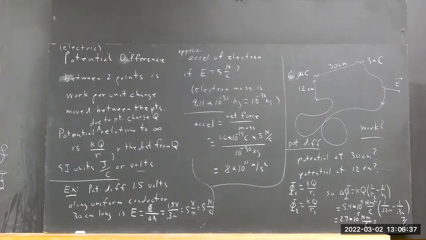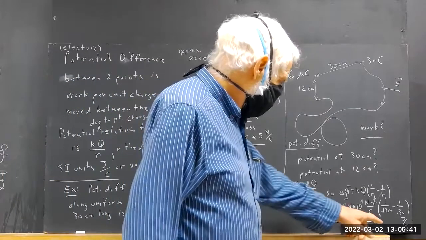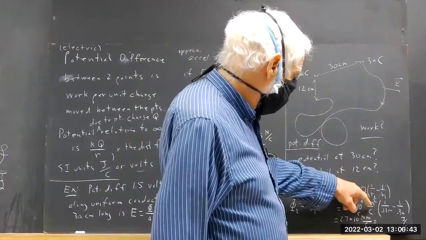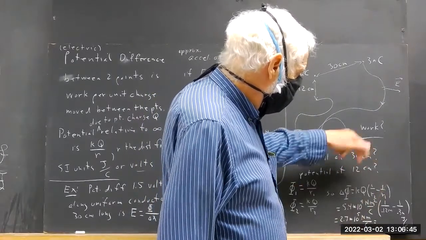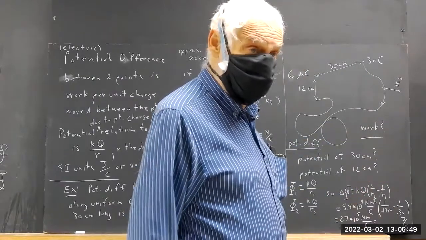Well, it comes out pretty easily. You can actually calculate this in your head. 1 over R2 minus 1 over R1 is R1 minus R2 divided by R1 times R2.